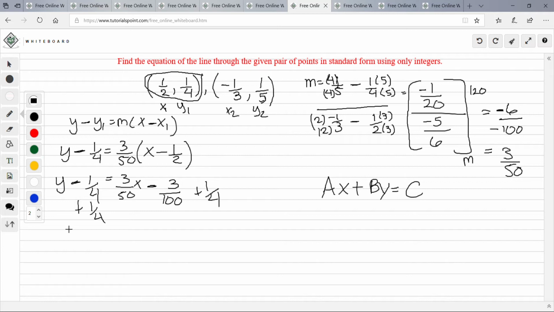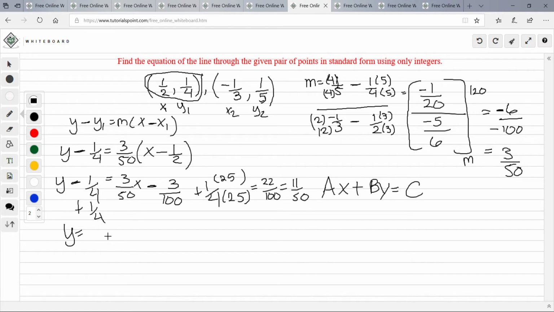So this is going to be y equals, let's combine this -3 over 100 with the 1/4. So our GCF is going to be 100. So I'm going to multiply this by 25. So 25 minus 3 is 22 over 100. And then that simplifies to 11/50.